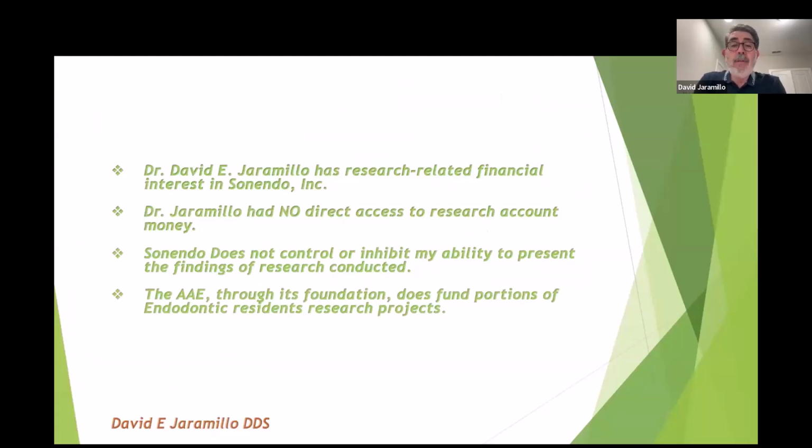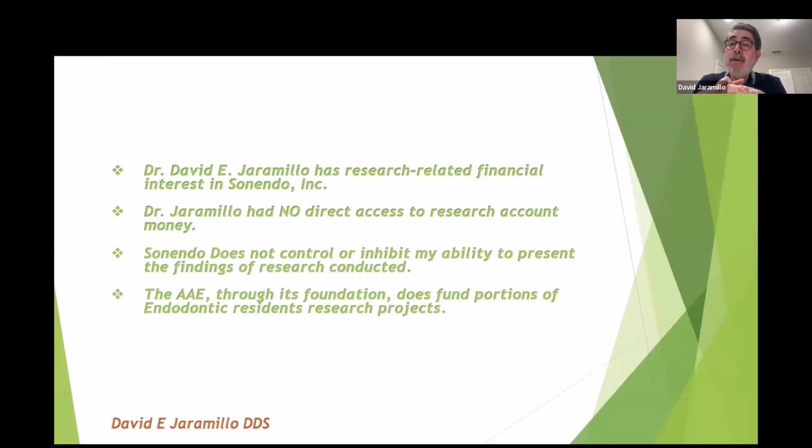So I need to disclose that I have research-related financial interests with Sohn Endo. I do some talks for them. I receive honorariums for doing that. Part of the research that I'm going to present tonight was done with a grant from Sohn Endo.